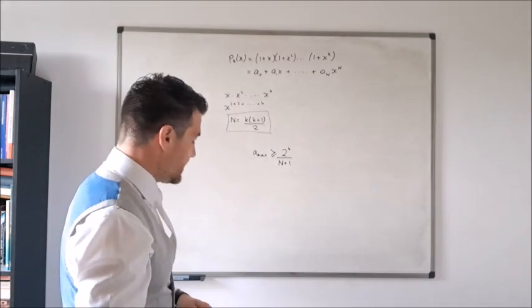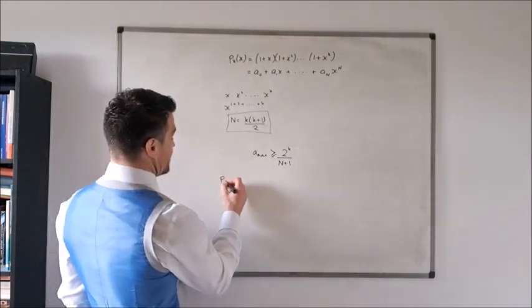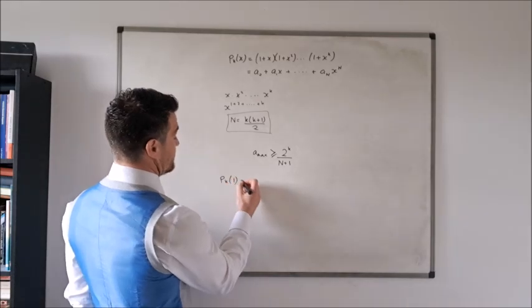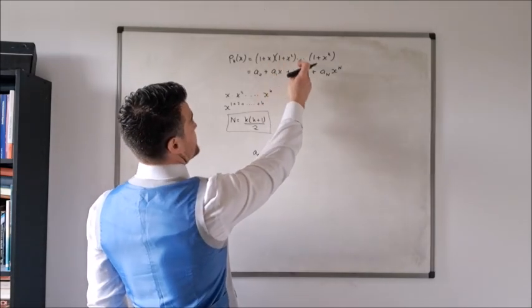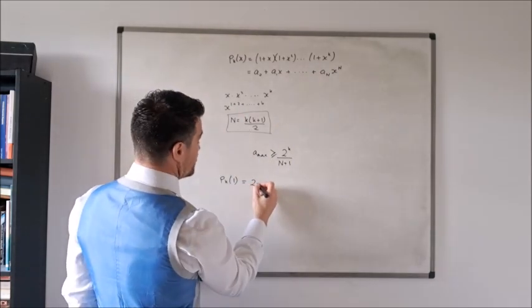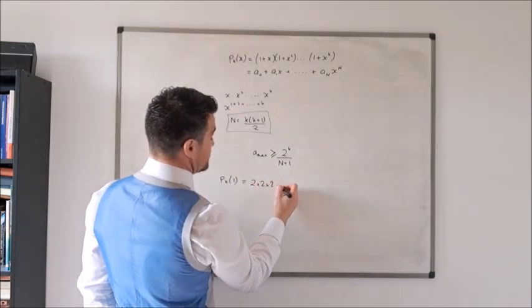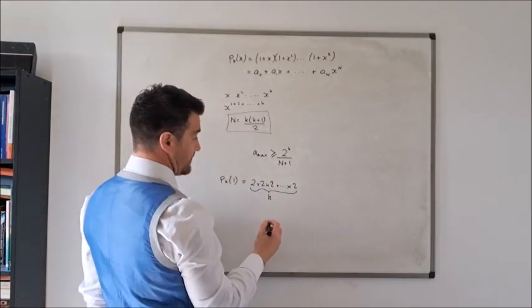Okay, so where do we need to go with this, or where can we go with this? Well, we can calculate p_k of 1, as the hint suggests, in which case we're going to get 2 times 2 times 2 times 2, and there's going to be k of those.